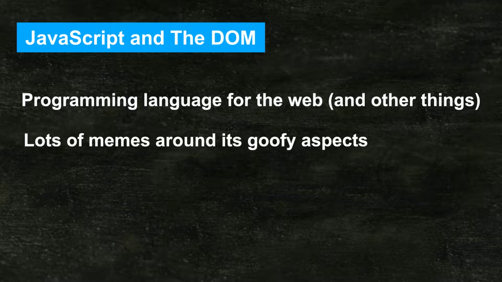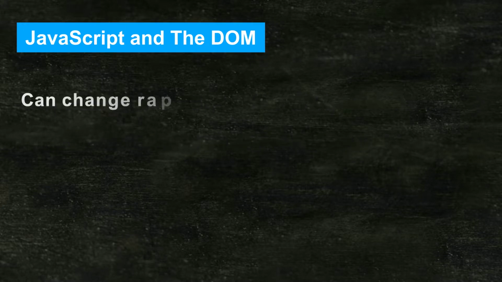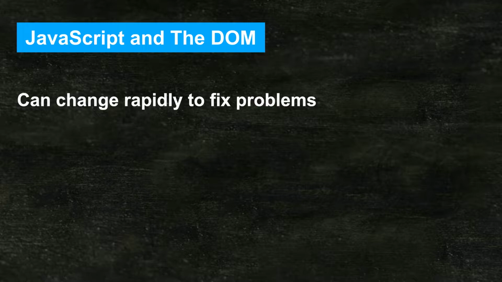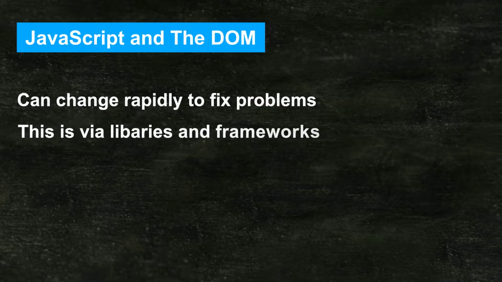But the great thing that I think JavaScript has going for it is that it can change. There are so many libraries and projects people have built with it that, by virtue of it being so flexible, it can adapt to a lot of modern needs, and very rapidly.